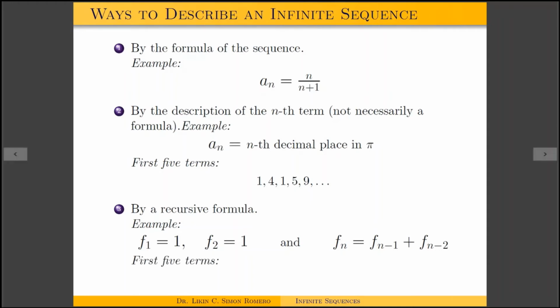And so looking at this, we get the third term by adding up the two terms that come before it. So the third term is 1 plus 1, which is 2. The fourth term, if we add up the second and third terms, we get 1 plus 2 is 3. The fifth term we can get by adding up the third and fourth terms, so 2 plus 3 is 5.